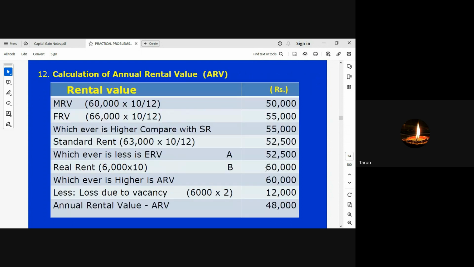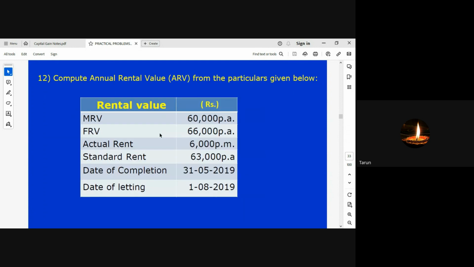So let's begin the solution. MRV and FRV: how many months have been considered? The date of completion is 31st May 2019, and the financial year begins from April. April and May will not be considered because that is the completion period. But after 31st May, we will count the number of months used in estimating the rental values.